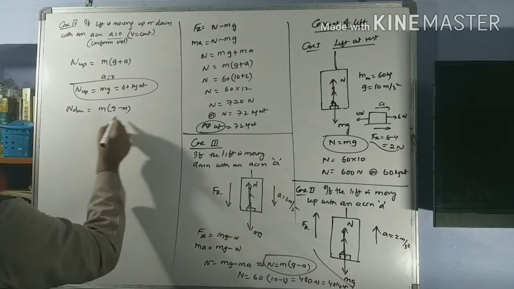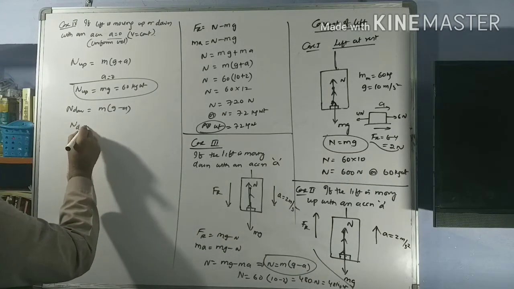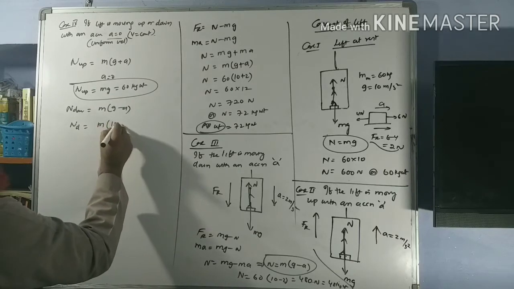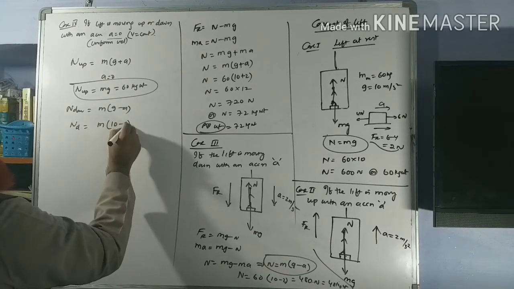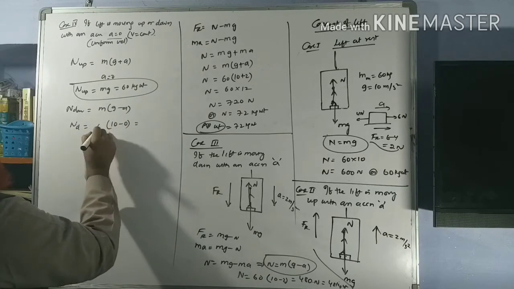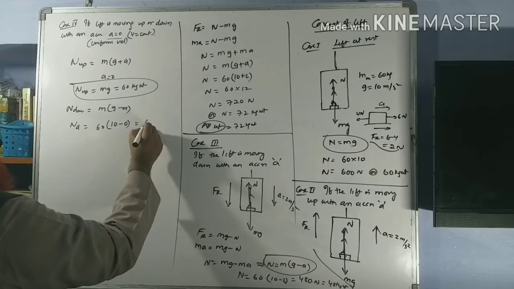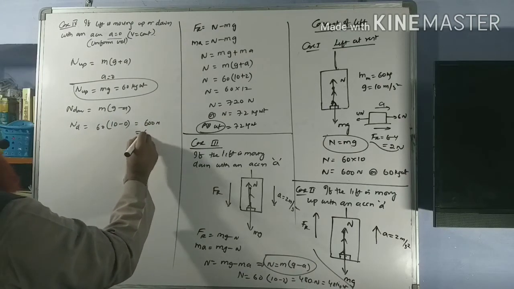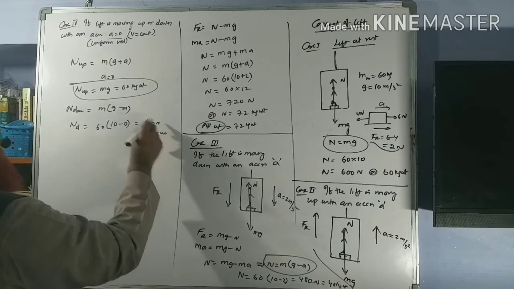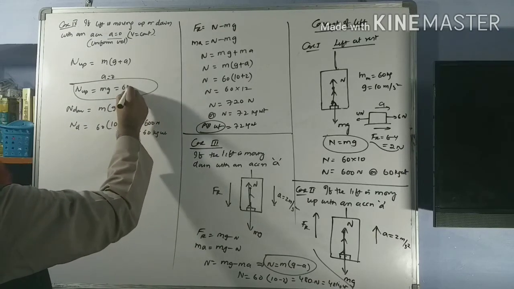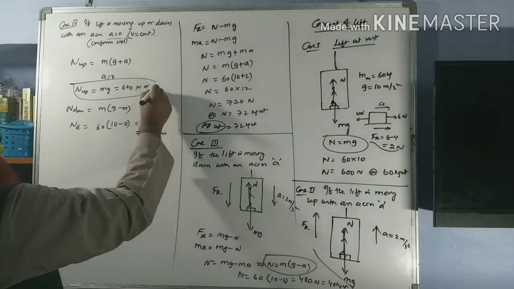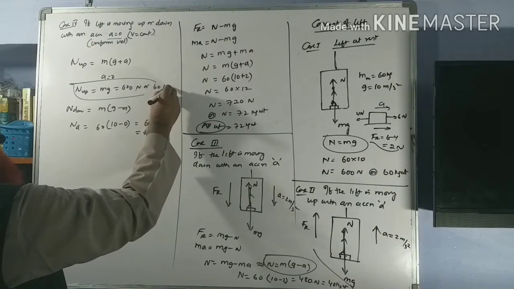So N down is m into (10 minus a). a is going to be 0 here, so this is going to be 60. Therefore you get 600 newtons or 60 kg weight. Here also the same thing.